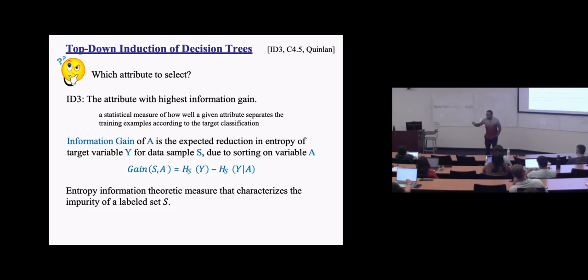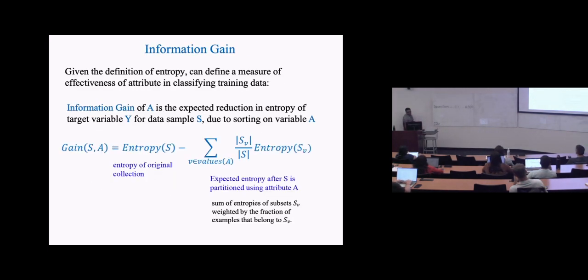Now, if you consider all the possibilities, how do you combine? Because for each possibility there will be an entropy, right? So you basically combine all the possible cases with a weighted average. And that's why the equation that you see here is like this.